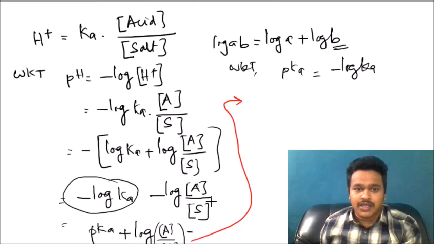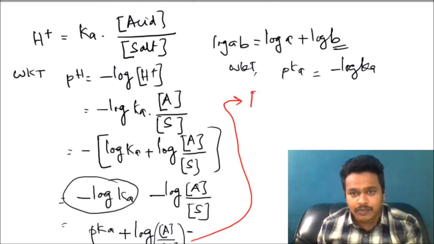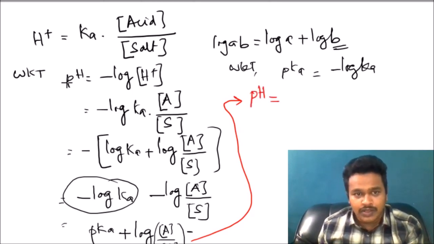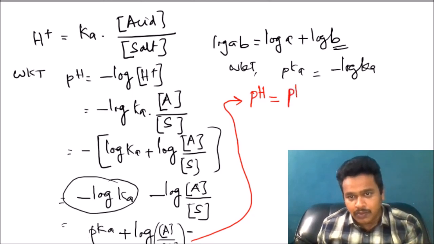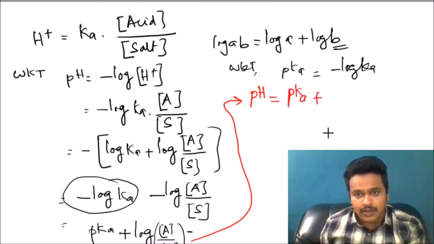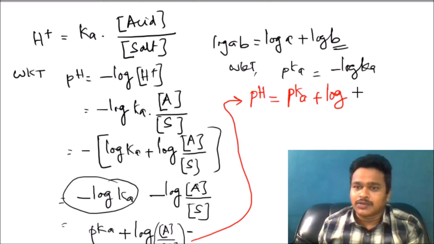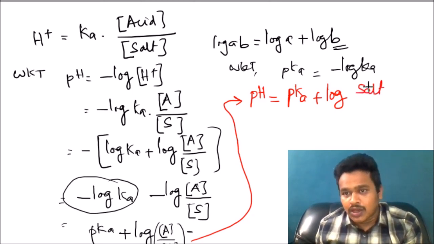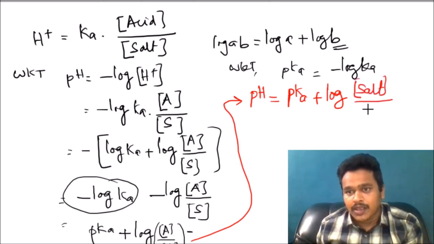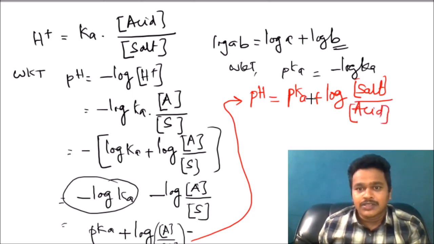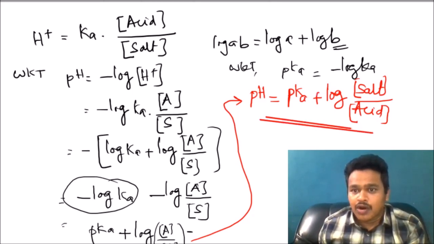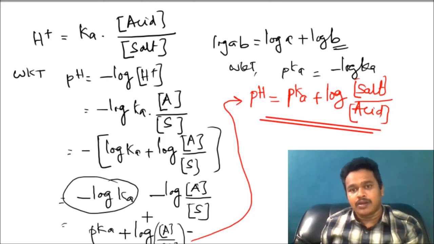Here pH is equal to pKa plus log of, since this minus sign is there, you can take the reciprocal, so log of salt concentration by acid concentration. This is our formula, and you have to remember it.